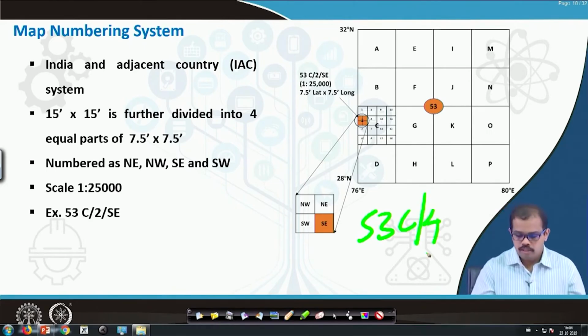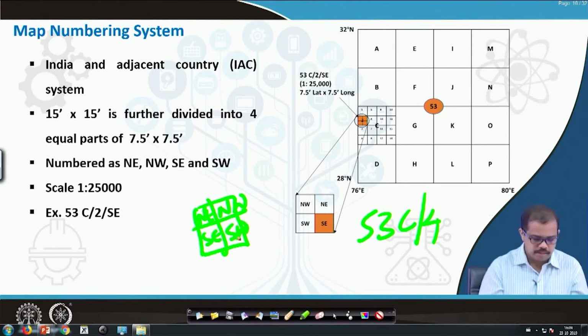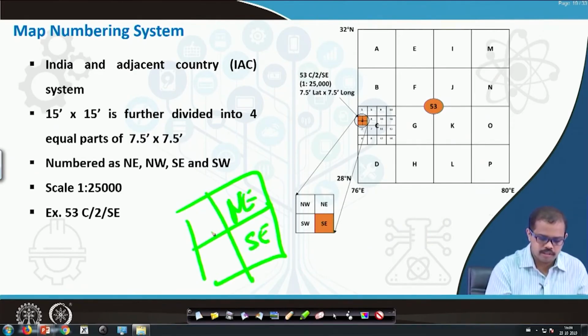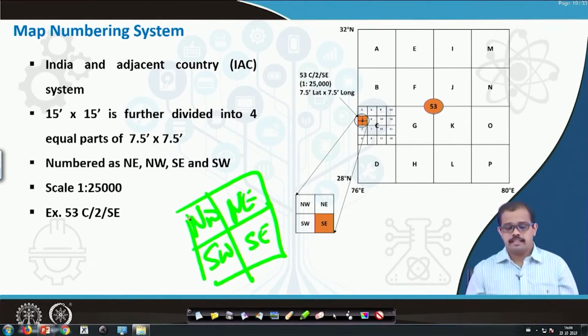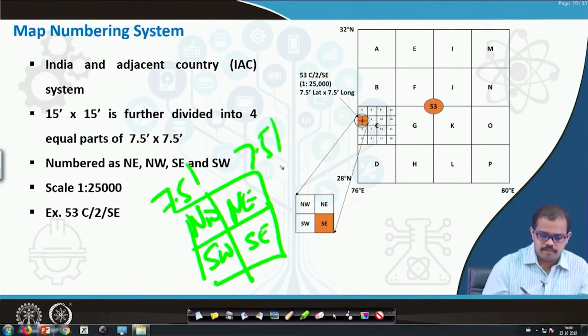Now this fourth box, if I then divide it into 4 boxes, northeast, northwest, southeast and southwest, if I represent it like this, each is divided as 7.5 minutes by 7.5 minutes.